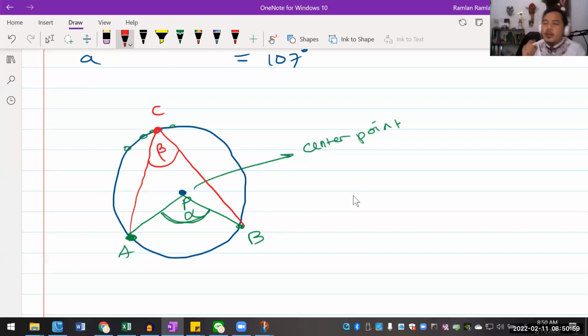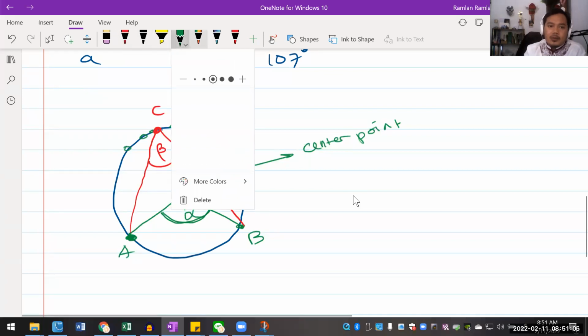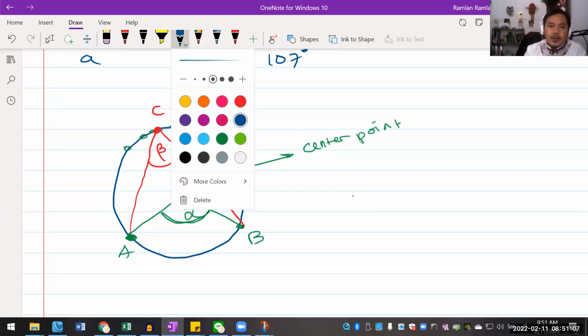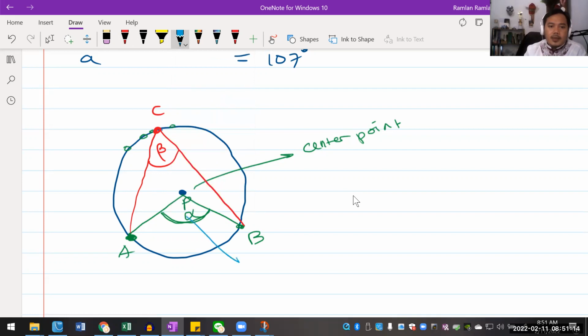I'm going to tell you the name of the angle first, not the size. The first one, alpha, we call the center angle, because it is on the center point.